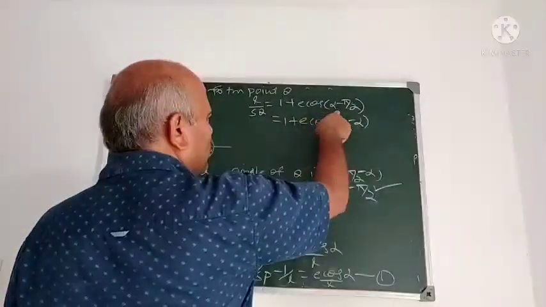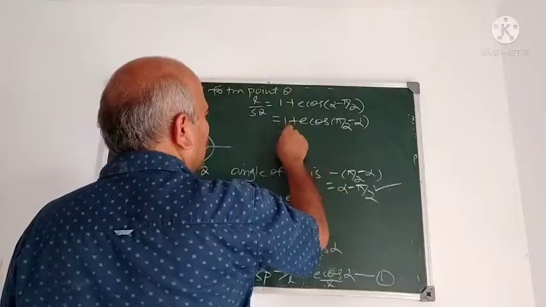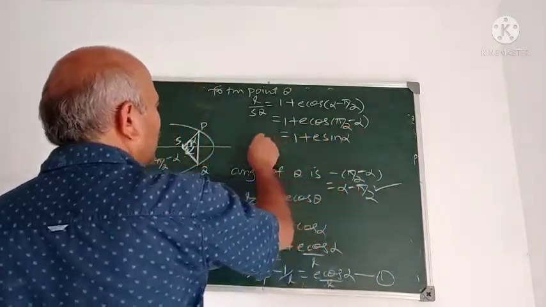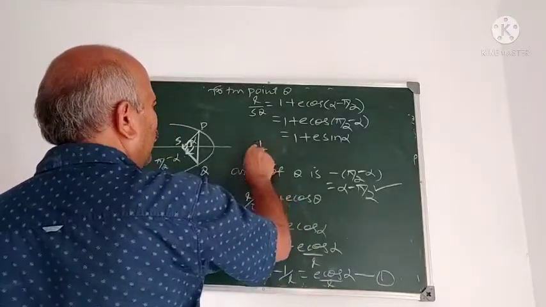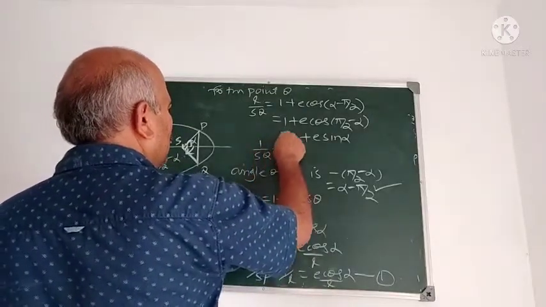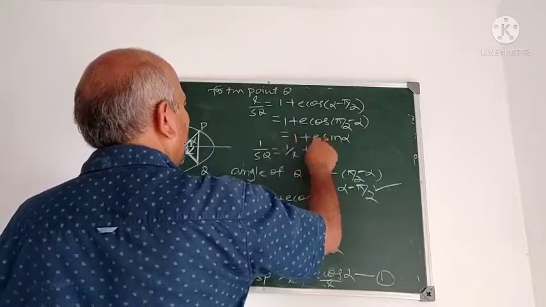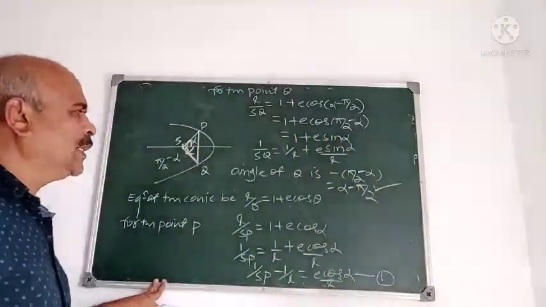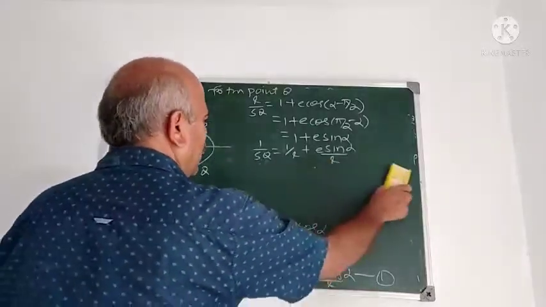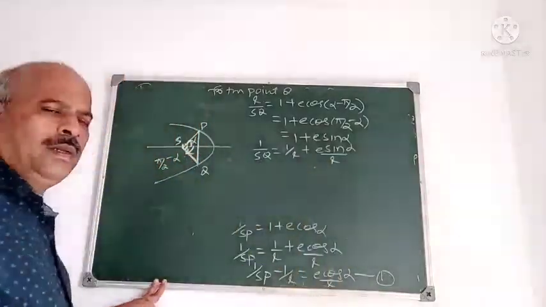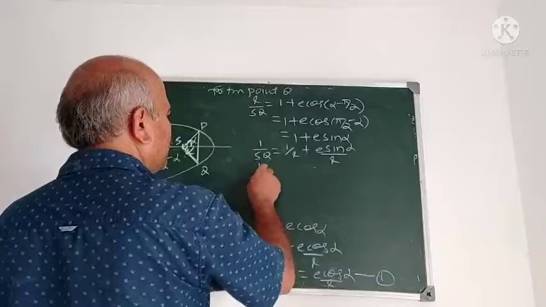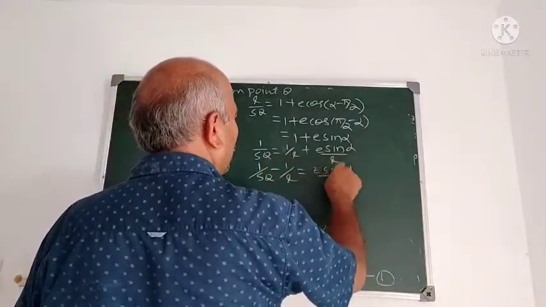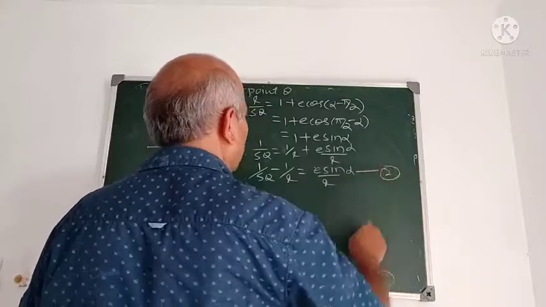So 1 plus E sin alpha. Therefore 1 upon SQ is 1 upon L plus E sin alpha by L, or 1 upon SQ minus 1 upon L is E sin alpha upon L. Take this as 2.